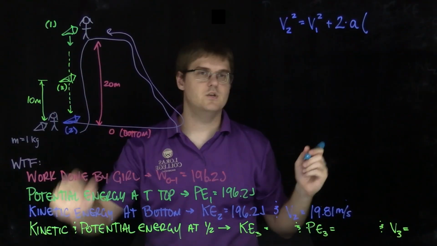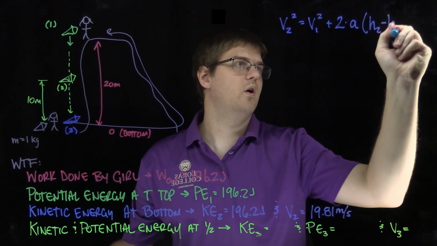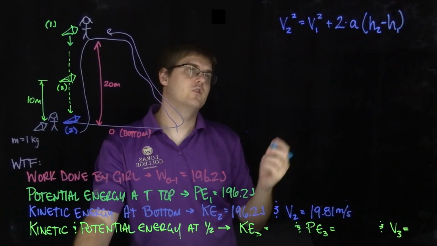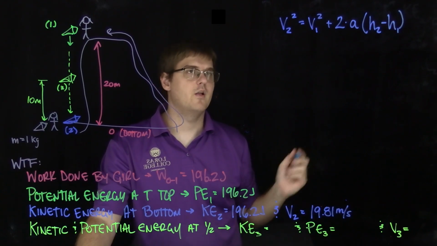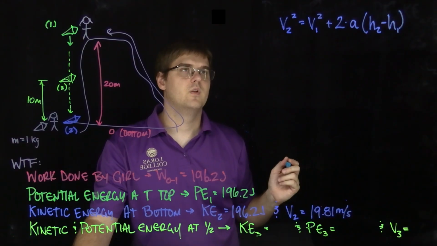I'm going to call it h for height. h2 minus h1. I could write x there. I could write y there. Probably should have written y there, but I'm calling it h for this case. It's just choice of letter at this point.